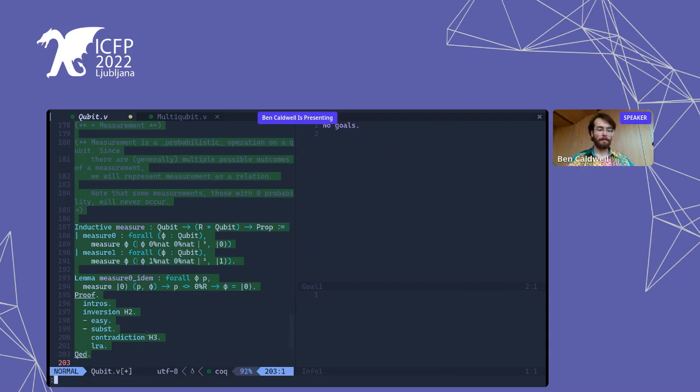Can you explain what line 194 means? Well, line 194, it depends on this measure relation, right? Which is saying that, okay, we have a qubit in state zero, and we want to say something about the possibility of it collapsing to a phi.